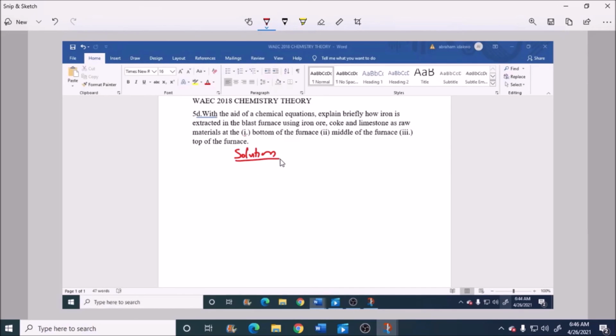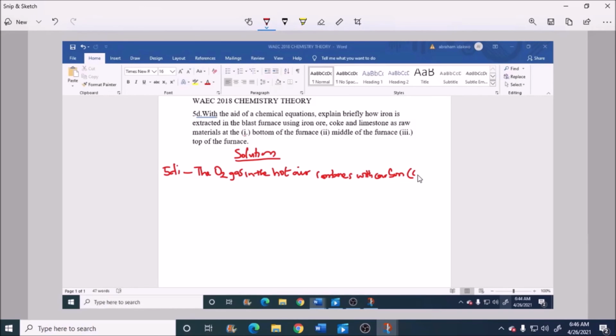So that is what we have for the 5d Roman figure 1. We have to write this, then give our answer in equation. That is, we have the oxygen that is O2. We use O2 to represent the oxygen gas. The oxygen gas in the hot air combines with the carbon, that is coke.